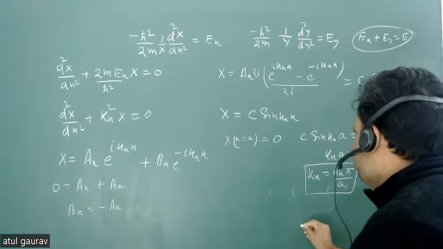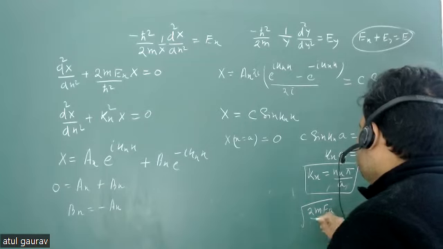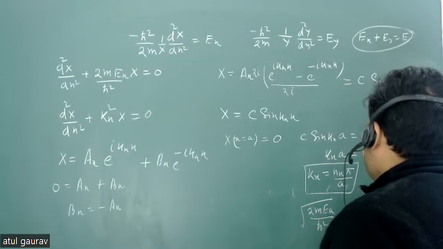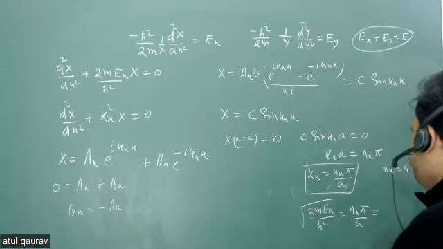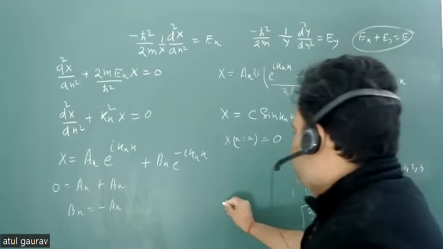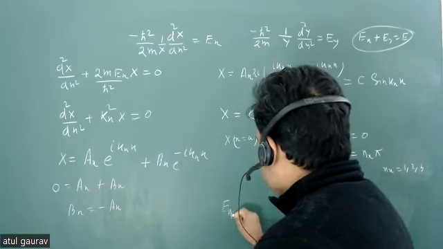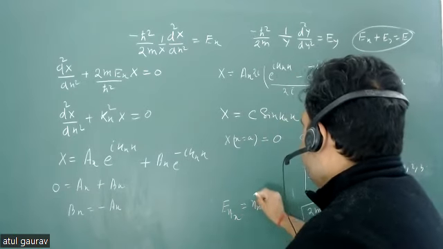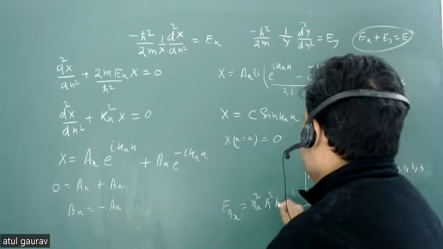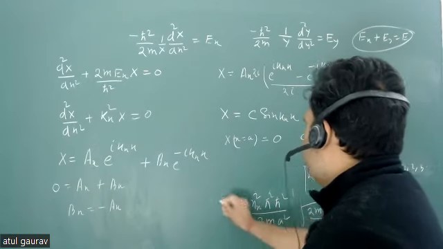Because in kx we have the square root of 2m Ex upon h cut squared equal to nx π upon a, and from here we can get the energy. Now we can write this energy as E nx, and that value is equal to nx squared π squared h cut squared upon 2m a squared.